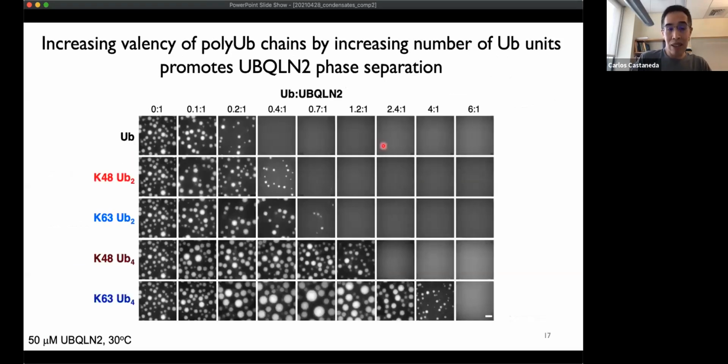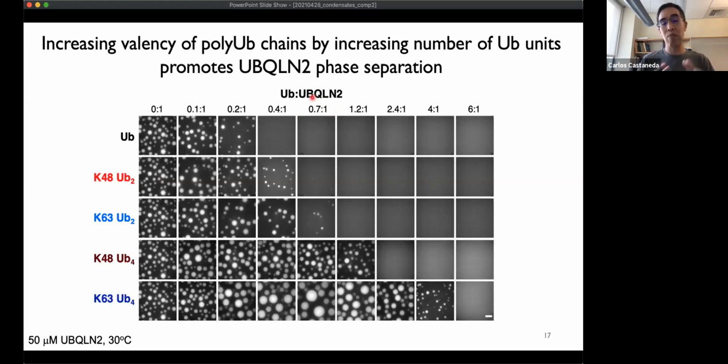So what we did was we made dimers first. So these are K48 dimers and K63 dimers. And I hope you can see that if we quantify the ubiquilin-2 phase behavior under these conditions, you'll see that as we increase the number of ubiquitin units, we can increase the range over which we see phase behavior of ubiquilin.